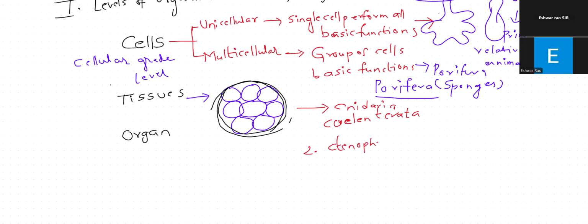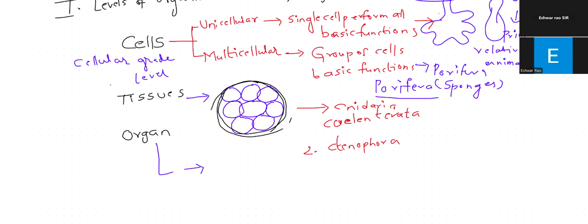Tissue level of organization. Next, organ level of organization. A group of tissues combine to form what? Organs.